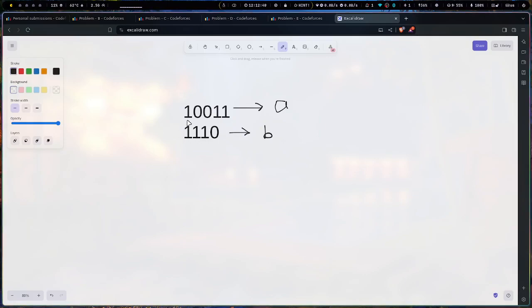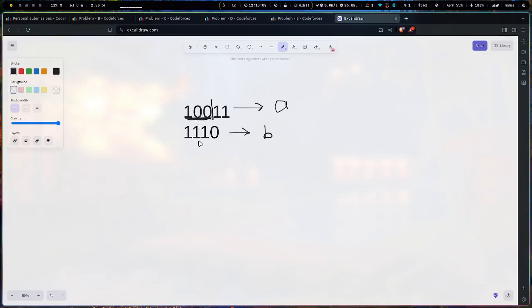A prefix must be continuous. It must not be non-continuous, like taking this 1, then this 0, then this 1. That is not allowed; that is a subsequence. You need to take a prefix, suppose this is a k, and you need to check whether this prefix is present here or not.